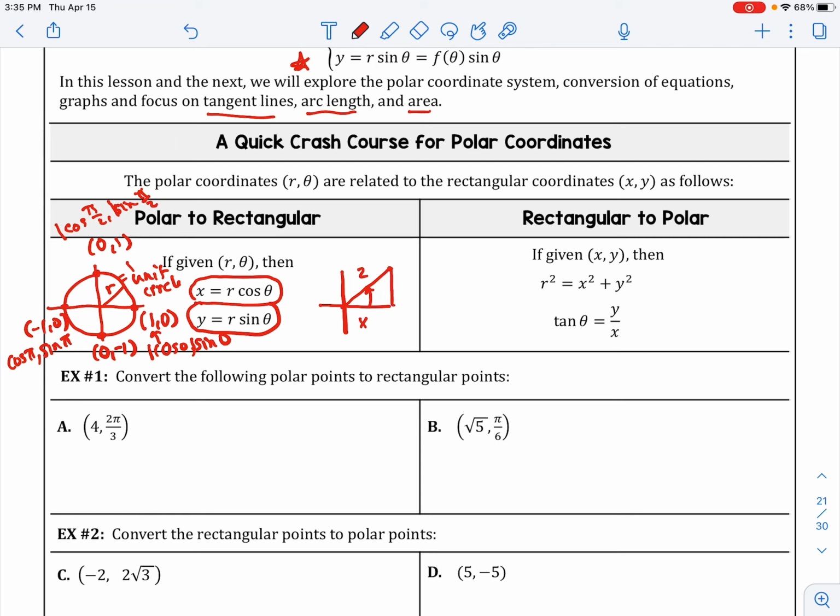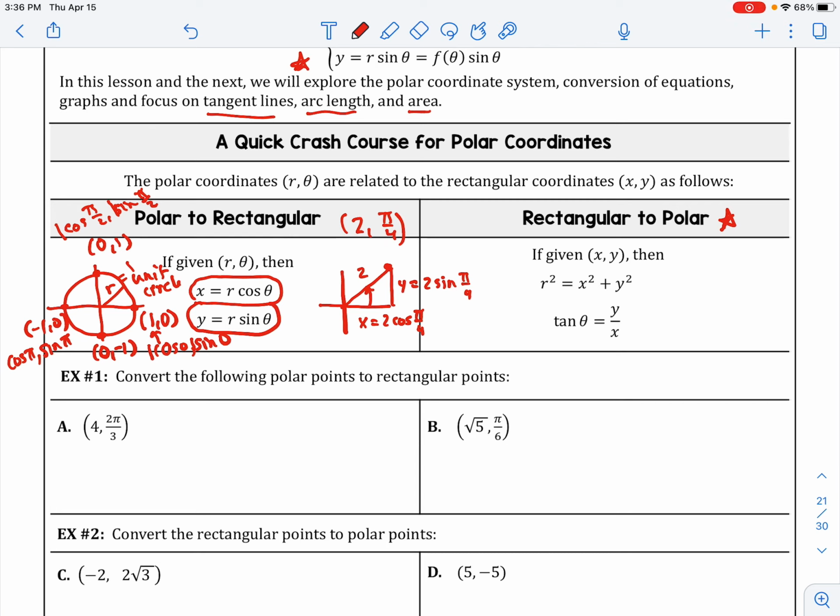And so this x is going to be 2 cosine pi over 4, and this y is going to be 2 sine of pi over 4. If we had graphed that polar coordinate 2 comma pi over 4, that would have been this point, and we could have looked at it as 2 cosine pi over 4 comma 2 sine pi over 4.